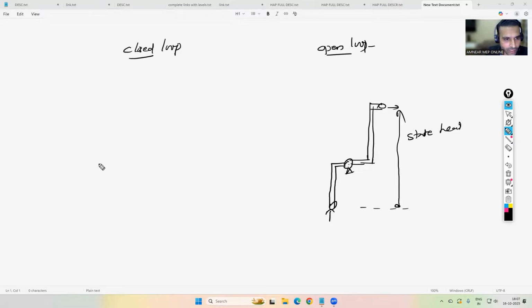But in a closed loop pump, for example, if you are having a closed tank, in which a pump is, you're having a closed tank, let's say. A pump is taking a suction from this point. Let's say this is a pump. And after that, the pump will be delivering the water.